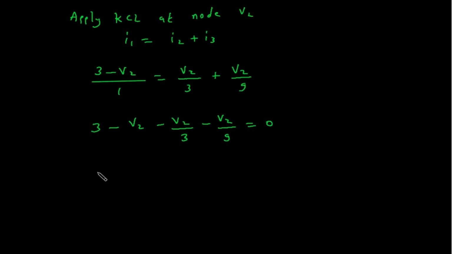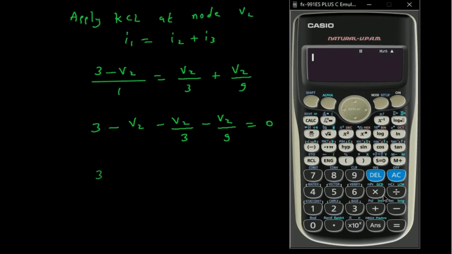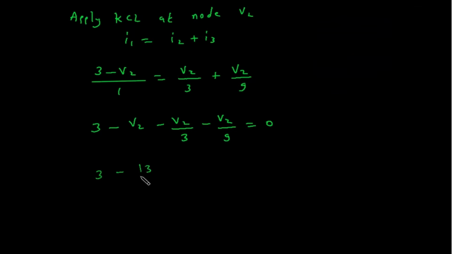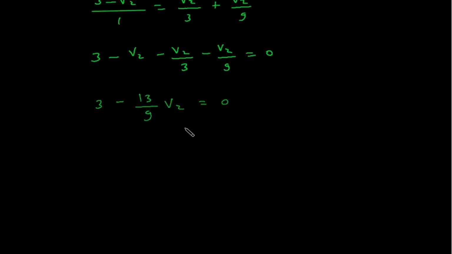So this is equal to 3 minus 1 minus 1 by 3 minus 1 by 9, so this is equal to minus 13 by 9. Minus 13 by 9 V2 is equal to 0. So 3 is equal to 13 by 9 V2.